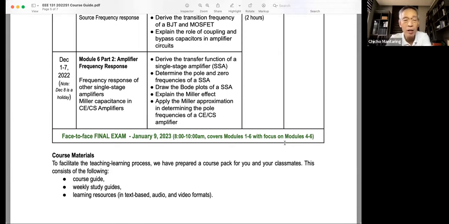Module 2 builds on top of module 1. Module 3 builds on top of module 1 and module 2, and so forth. So it's not possible, for example, to give an exam that's really just modules 4, 5, and 6.